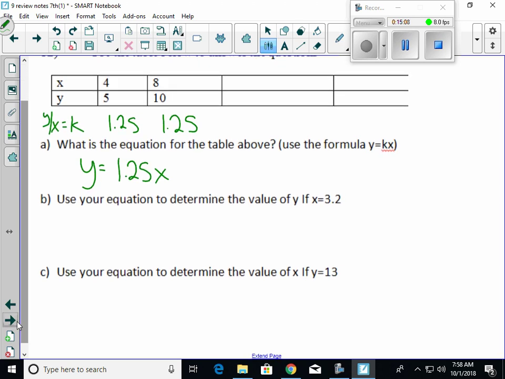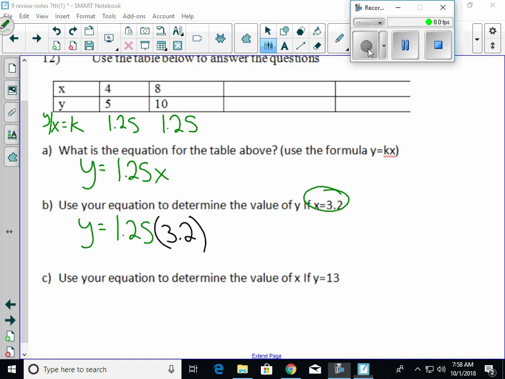Okay, so now it says use your equation to determine the value of y if x is 3.2. So in that formula, instead of the x, I'm going to do 1.25 times 3.2. And I'm getting y equals 4.